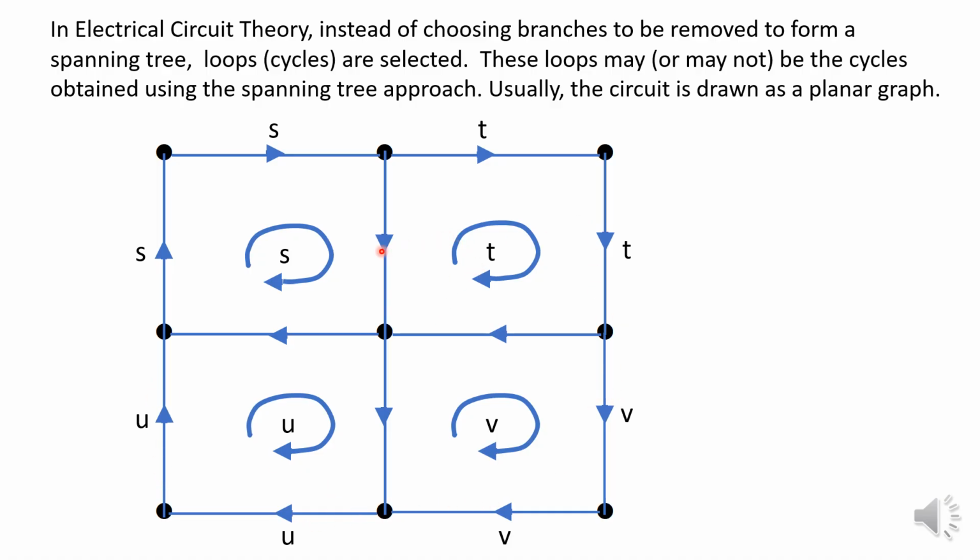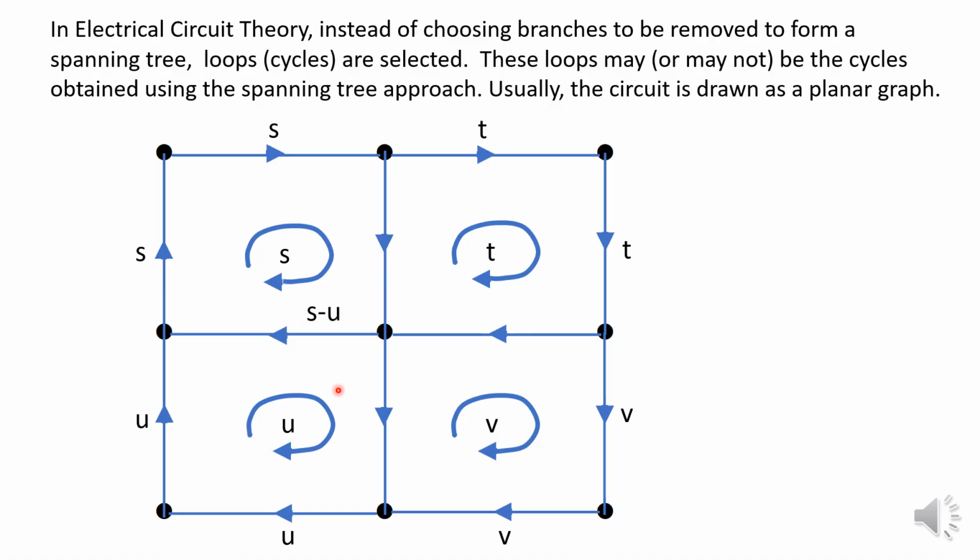Okay, now let's look at the other branches. For this branch here, it's in the same direction as S, so the loop current contributes plus S to this.